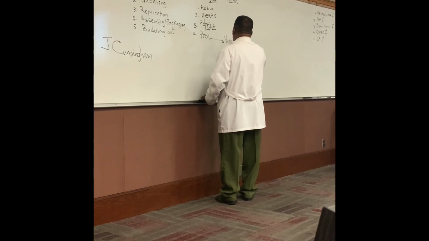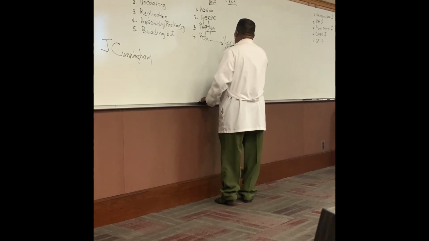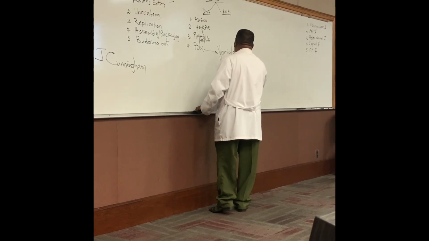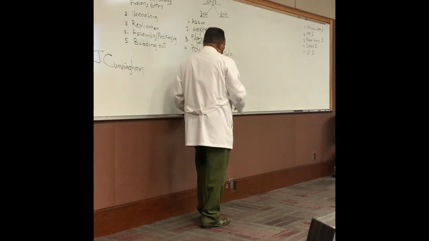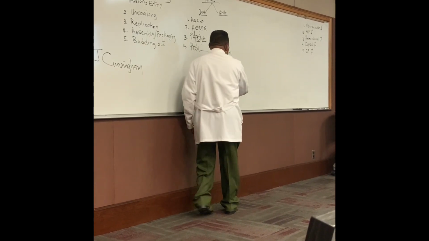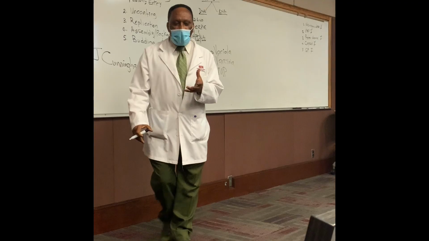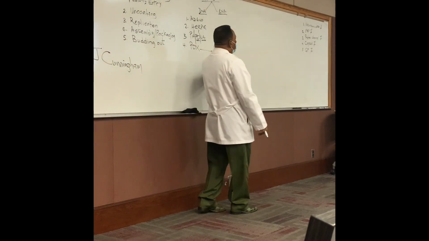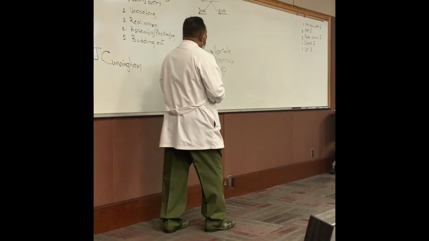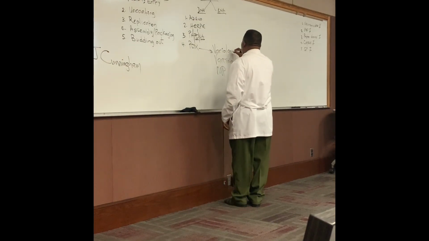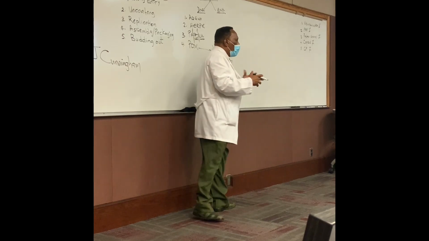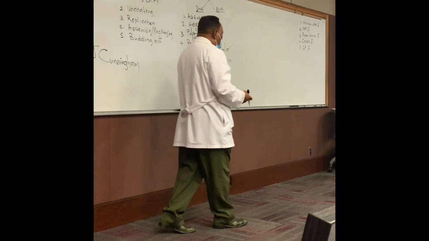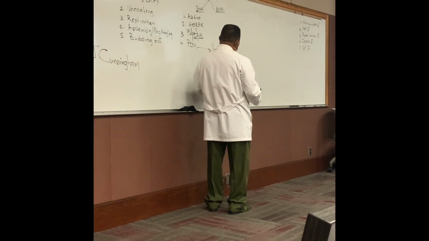One is variola, one is Vaccinia. Okay. And one is called MP, which is monkeypox. We know that your variola can produce your smallpox, and then Vaccinia will produce cowpox, and MP will be monkeypox.